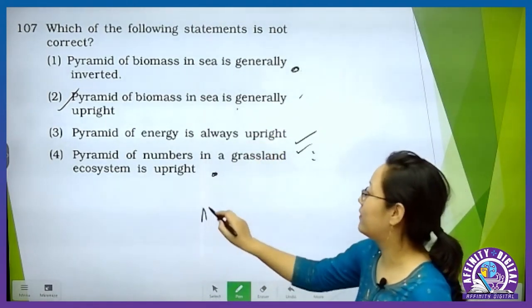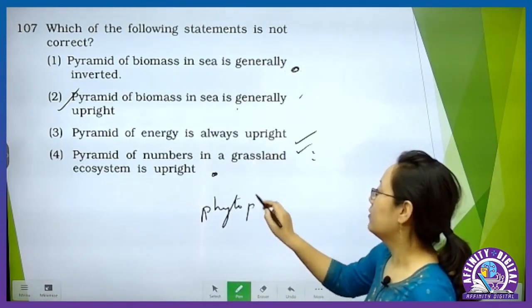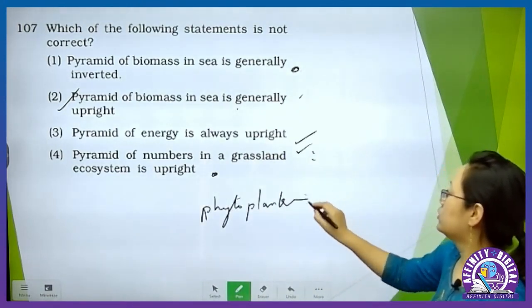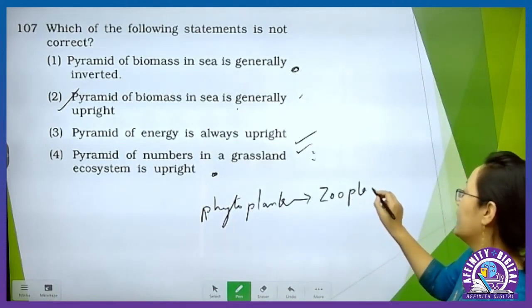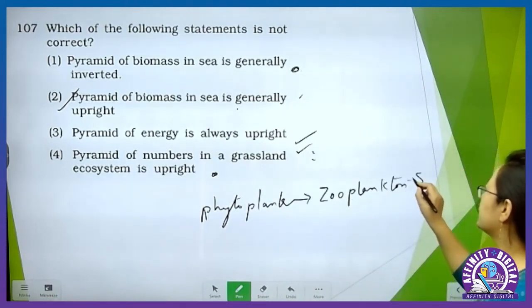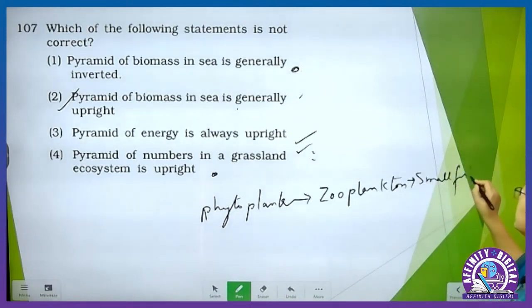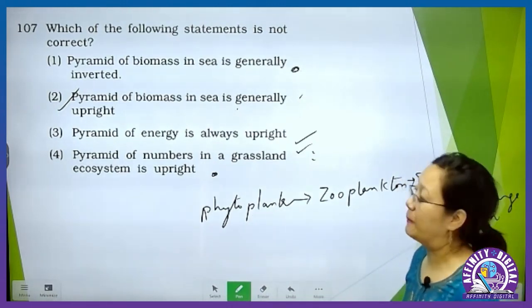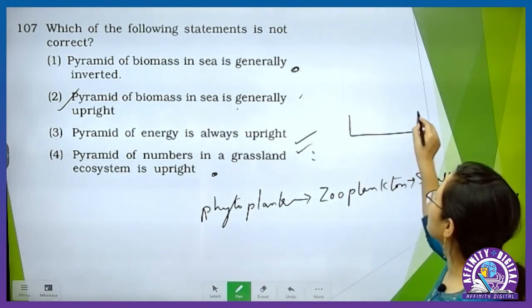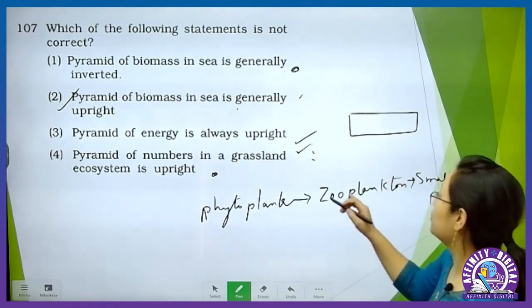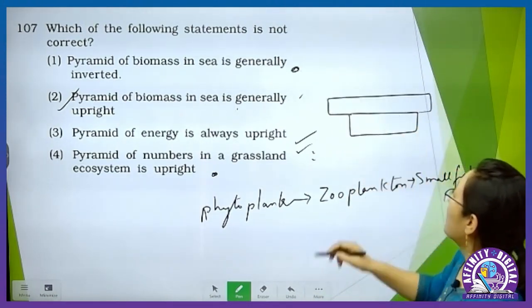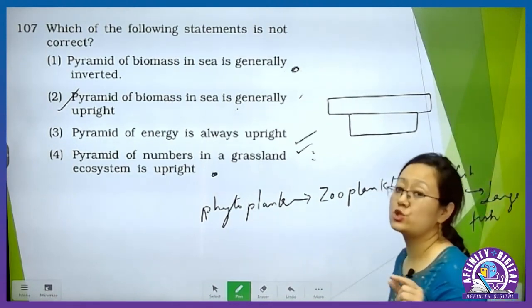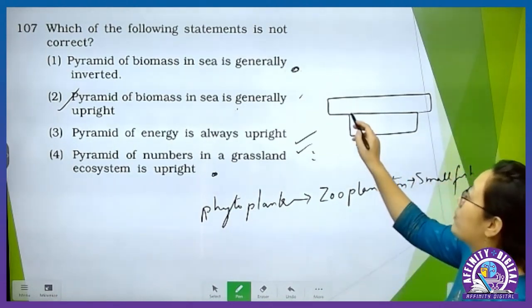Biomass means, let's consider phytoplankton, then zooplankton, and then small fish, then large fish. So if we put this in an ecological pyramid graphically, in that condition phytoplankton will be very less as compared to zooplankton, because the zooplankton will consist of the exoskeletons, which will have more biomass content.